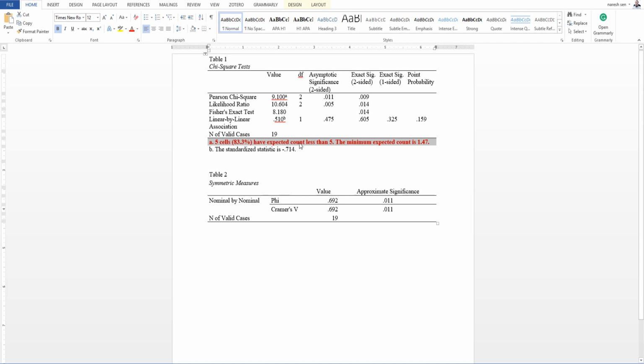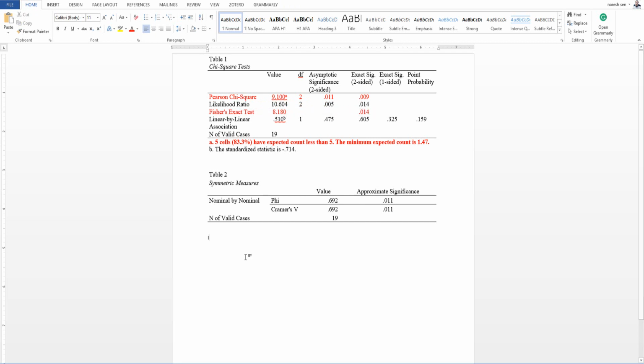Now since we are supposed to write the report, let us go and see. Especially when our expected counts are less than 5, that is when we get this type of error. So in that case we use Fisher's exact test. Another important thing that we need to understand is that Fisher's exact test doesn't have a test statistic. Okay, this is the only information that we receive.